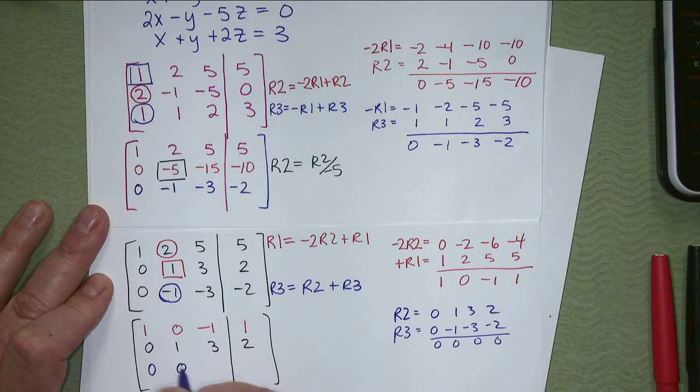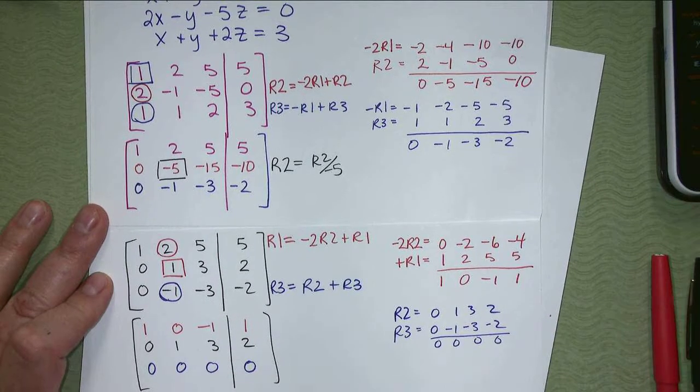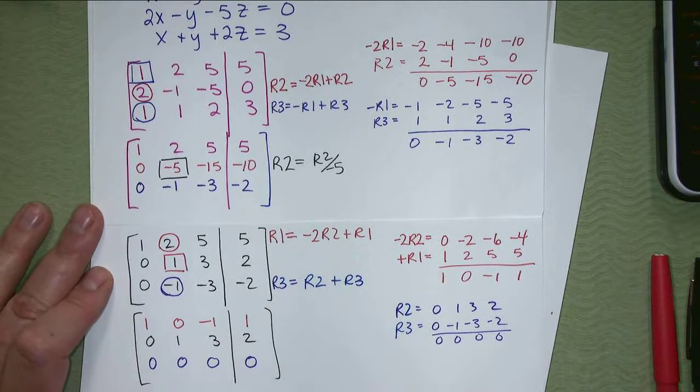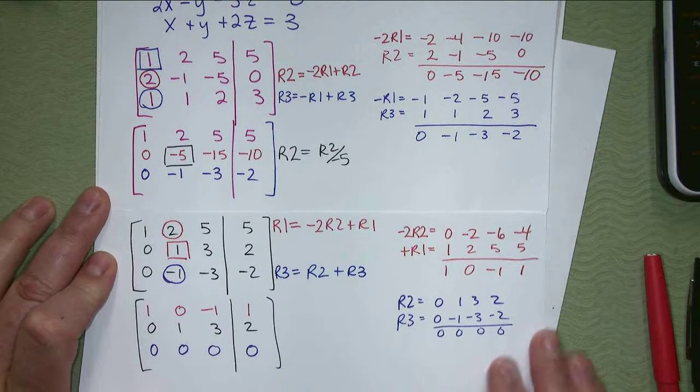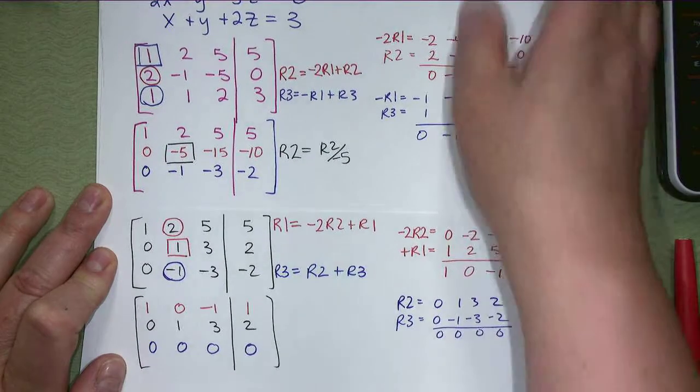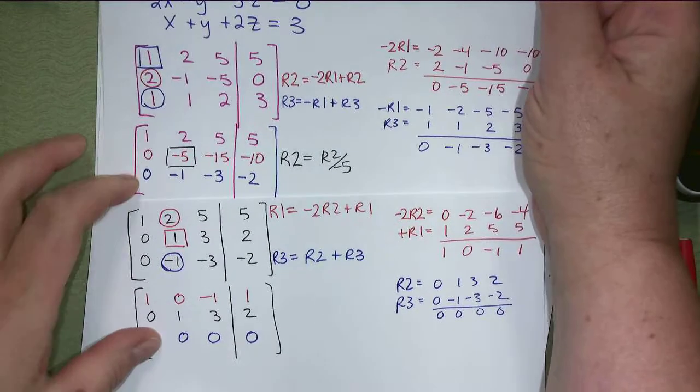So a row of zeros is okay. That doesn't mean anything. Just gives no information to the question. But it doesn't always happen in infinitely many solutions, but that usually does.